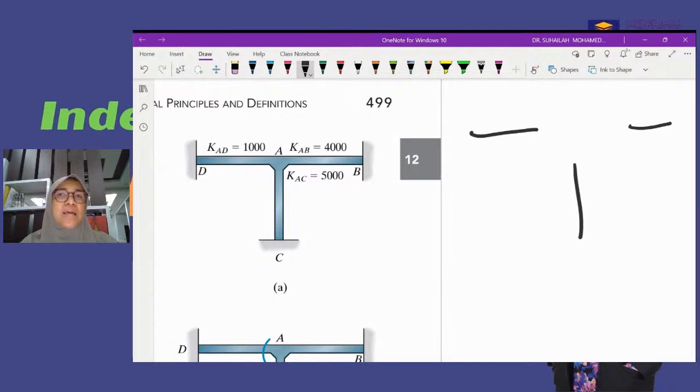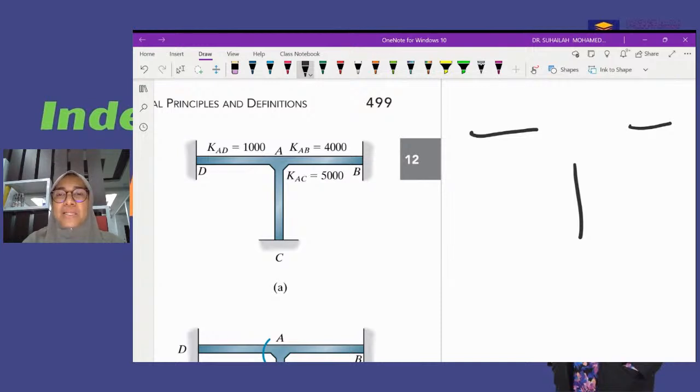we have to understand that the number of distribution factors is actually equal to the number of member end moments in the structure. So by looking at this, there are three elements or three members. We have member AD or DA, member AB, and member AC.